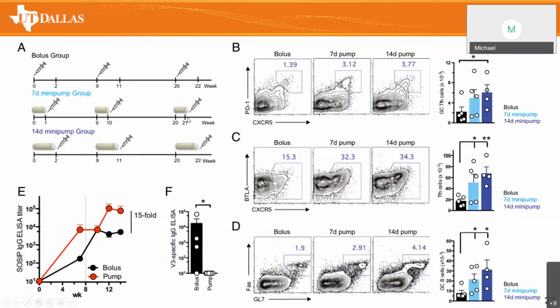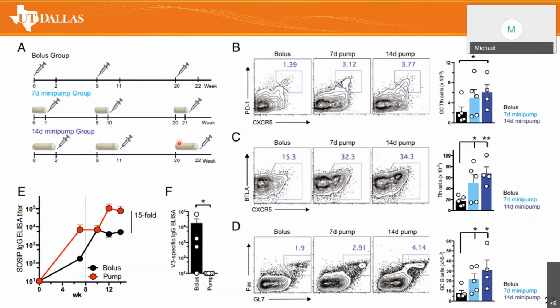So again, they moved forward, and they implanted a mini pump, and this mini pump would deliver the antigen over a long period of time. So instead of doing daily injections, they did this pump instead, and they did a 1-week interval and a 2-week interval.